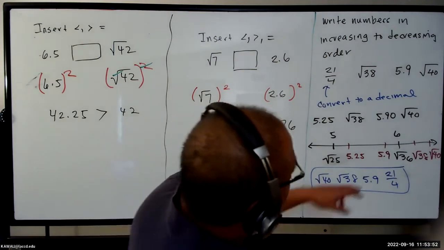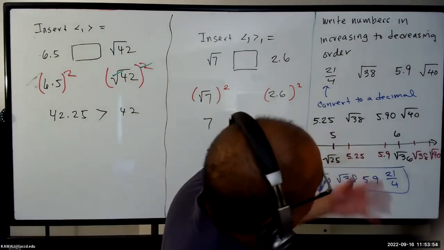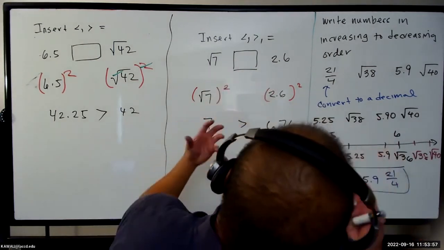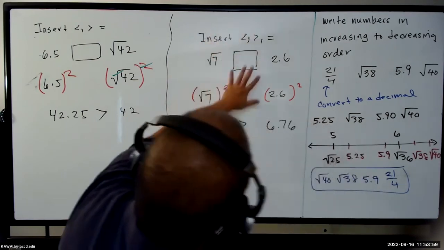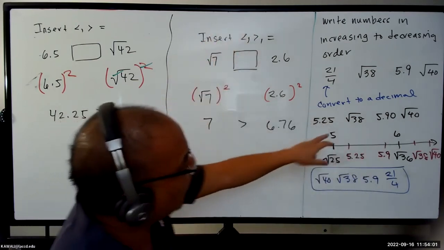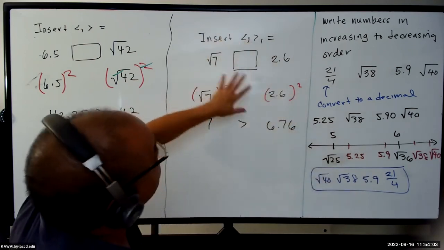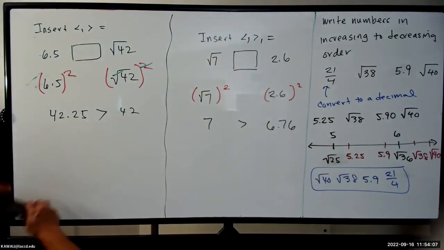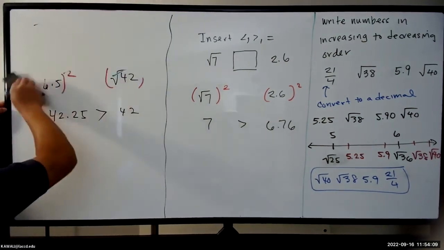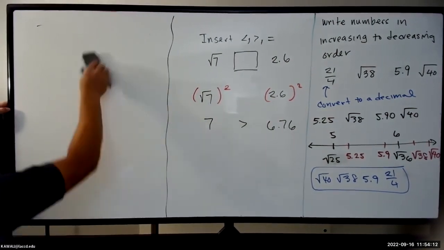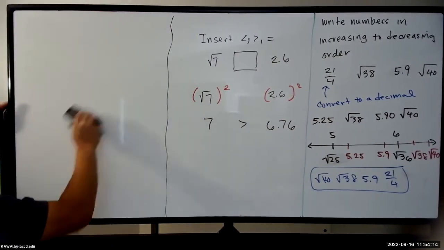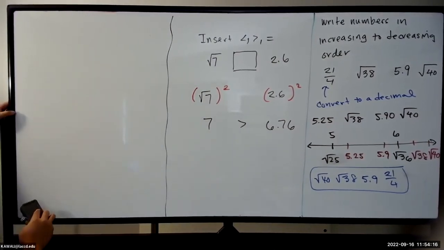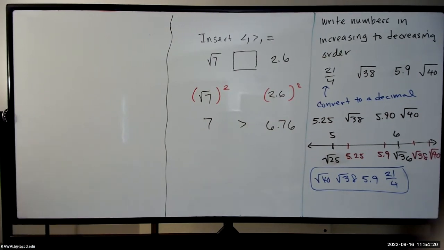Now, if you wanted to compare 5.9 and the square root of 38, we could use the technique I just showed you where you just square both sides. If a radical and a decimal are close, you could use this to determine which one is smaller, which one is bigger. But unfortunately, there isn't an easy way of doing it. You actually have to use Calc 3, and it takes quite a long time.